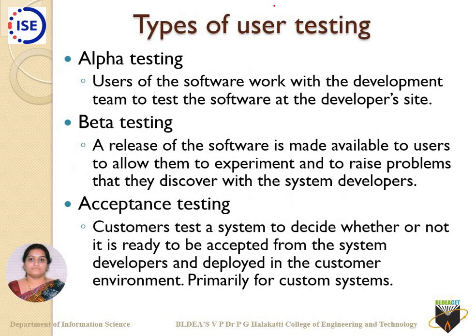Here we have three different types of testing under user testing: alpha, beta, and acceptance. Alpha testing says that the employees are given the product and asked to give their overview on that particular product.